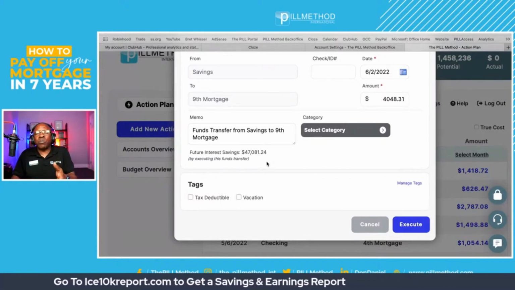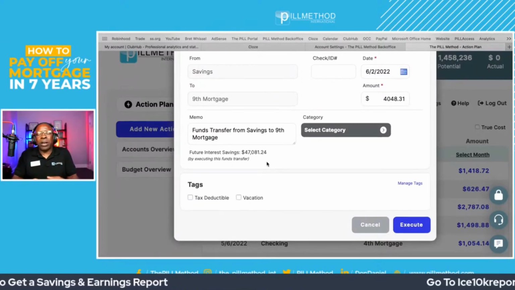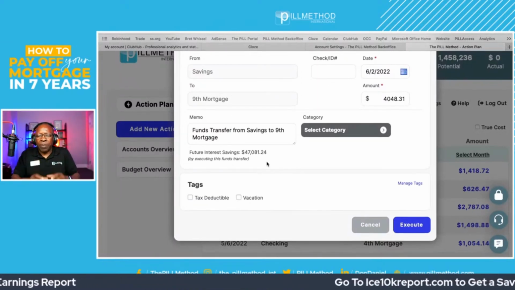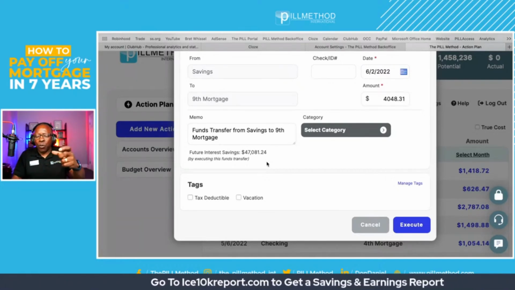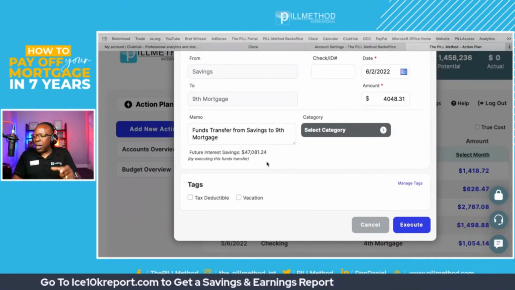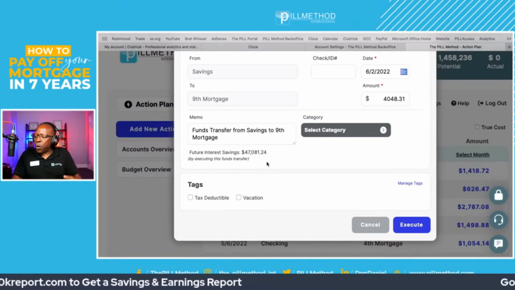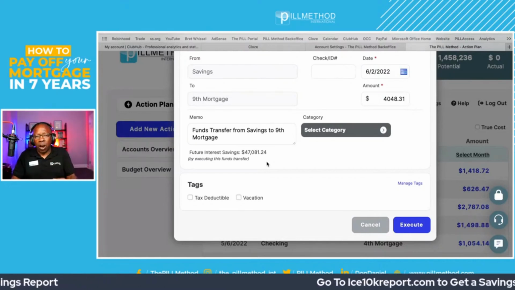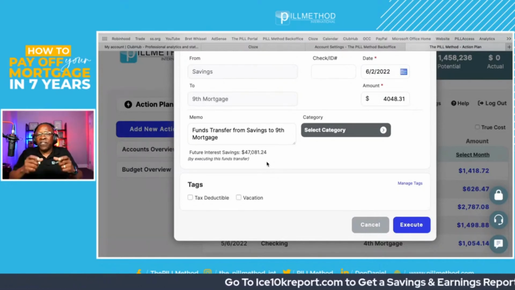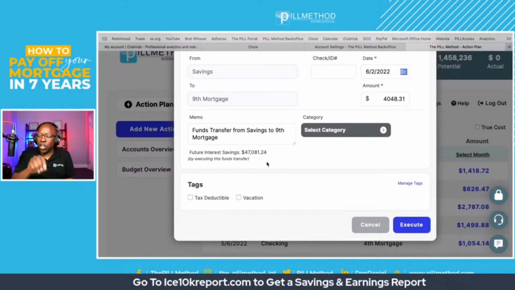Here's what this means. If John and Rebecca Jones had paid this mortgage down naturally by making the regular monthly payment until they paid the mortgage down by $4,048.31, the bank would have charged them $47,000 in interest to do it.